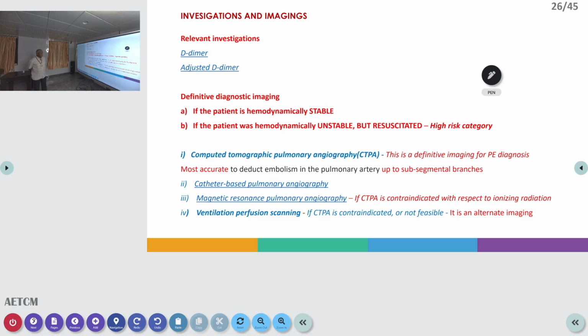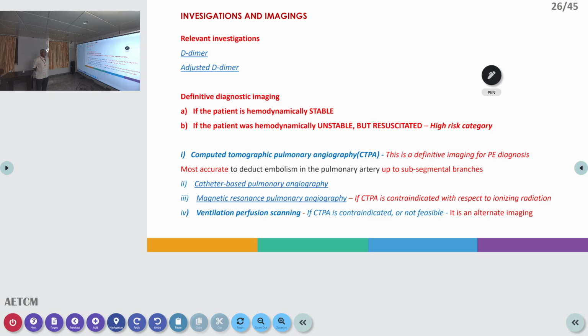The definitive diagnostic imaging is CTPA, computed tomographic pulmonary angiography. This is the definitive imaging for pulmonary embolism diagnosis, most accurate to detect embolism in the pulmonary artery up to the subsegmental branches.